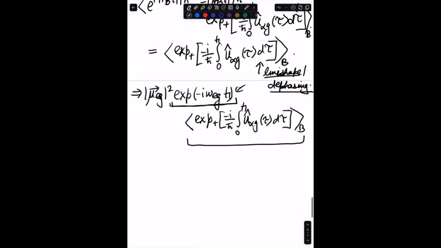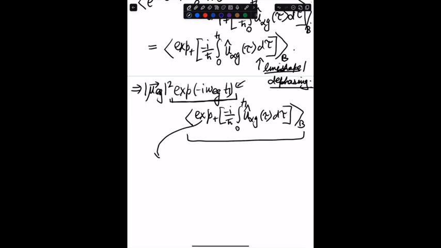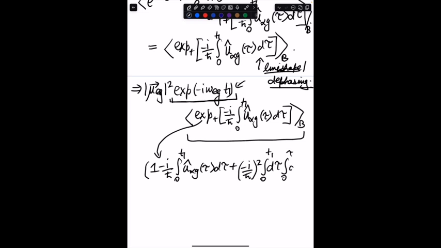So now we want to evaluate this dephasing function. So how do we evaluate this dephasing function? As you recall, a positive time-ordered exponential can be expanded as such: identity, minus i upon h bar integral 0 to t1 of U hat alpha g of tau d tau, plus minus i upon h bar squared, integral 0 to t1 d tau, integral 0 to tau d tau prime, U hat alpha g of tau U hat alpha g of tau prime, and so on and so forth.